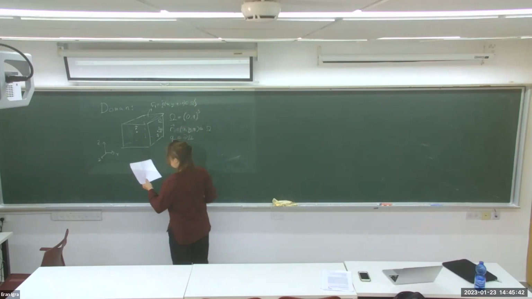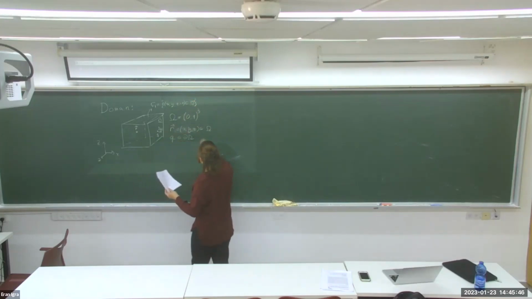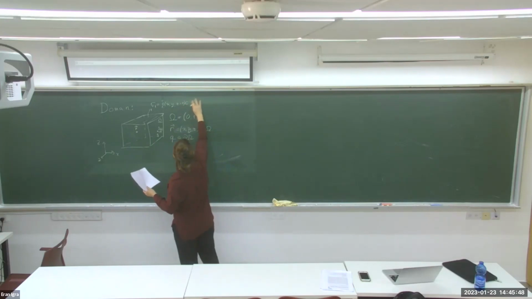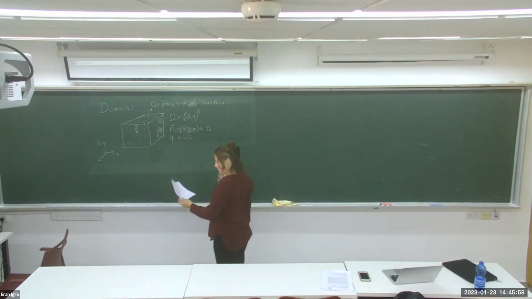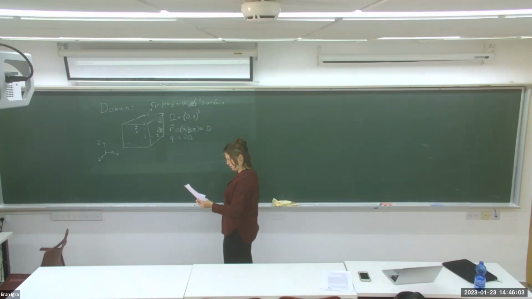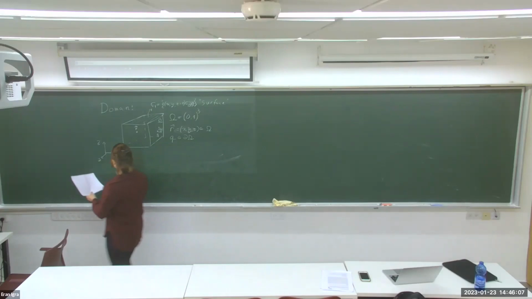Let's put it in the boundary of omega. And it is denoted the surface of our ocean. Good. That's our domain.